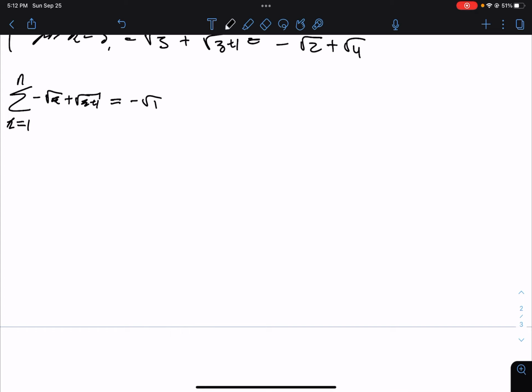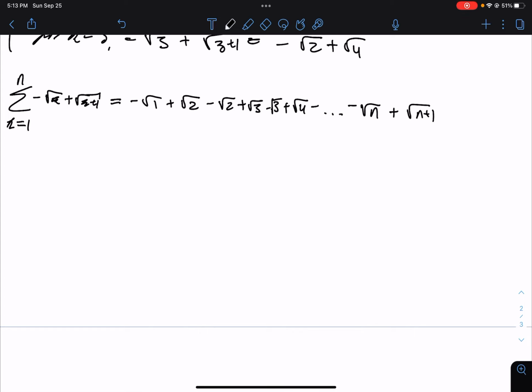I am leaving the square roots to make you guys see what is going to happen. Plus square root of 2 minus square root of 2 plus square root of 3 minus square root of 3 plus square root of 4. And it keeps on going, minus dot dot dot, and I'm just going to put it at the nth term. So minus square root of n plus square root of n plus 1.